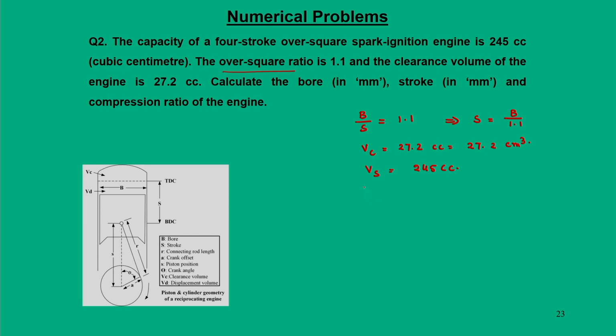Then we recall our first fundamental principle, pi by 4 B square S is equal to 245, and S is B by 1.1.